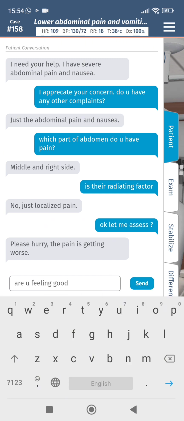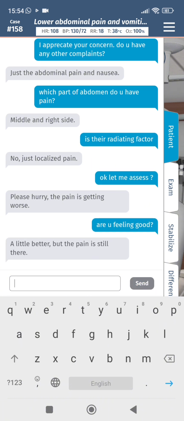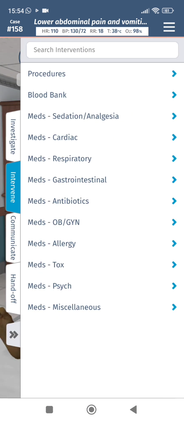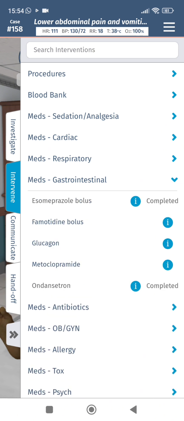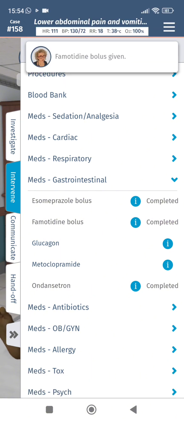So first we will do counseling of patient and reassure the patient and take consent for surgery. Okay, so the patient still has pain, so we will give the H2 receptor blocker, famotidine, H2 histamine blocker.